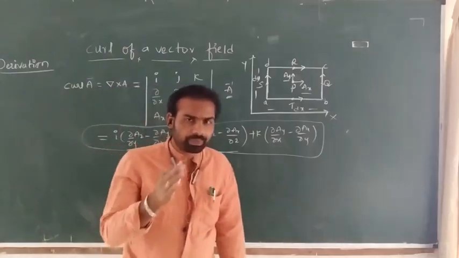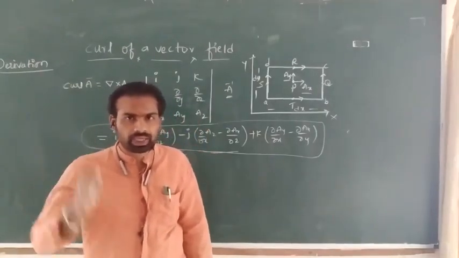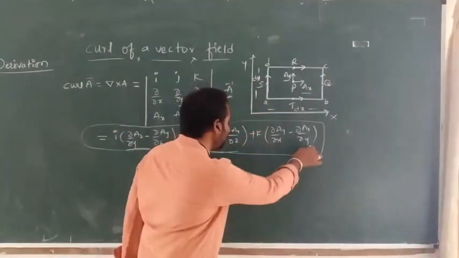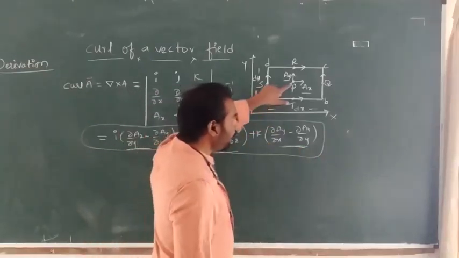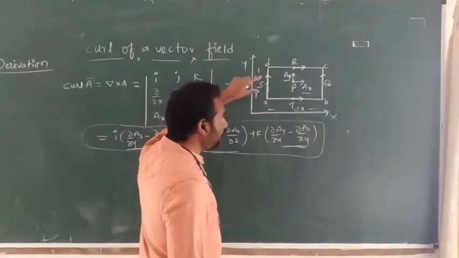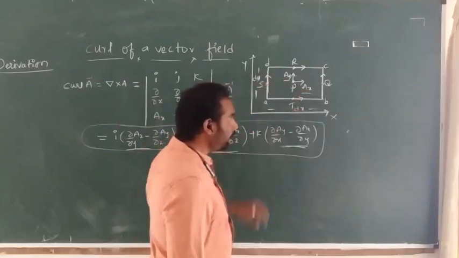We will separately find the z component, x component and y component. To get this value, see, at point P the value of the vector field is A bar, where Ax is along the x axis and Ay is along the y axis.